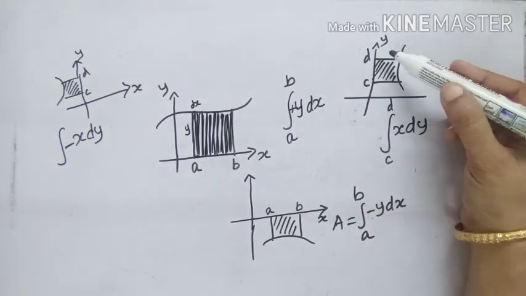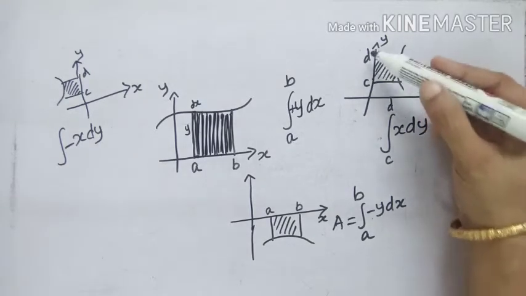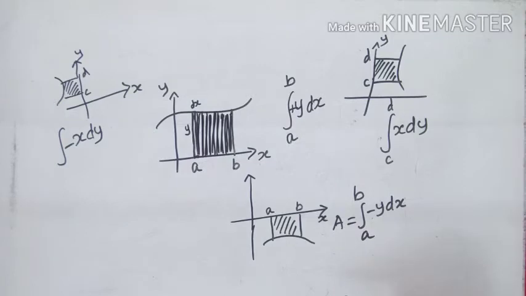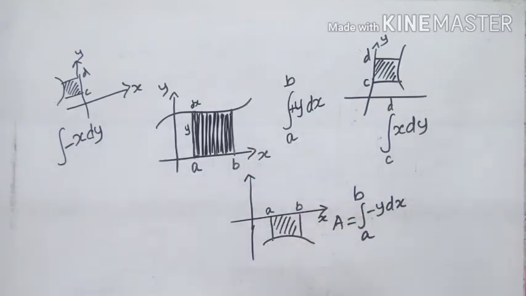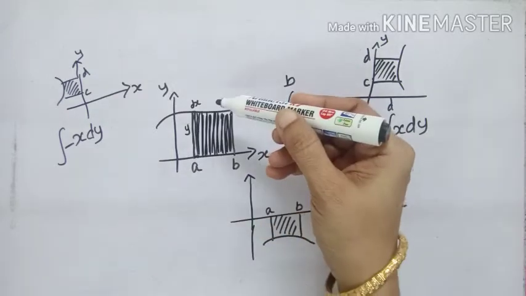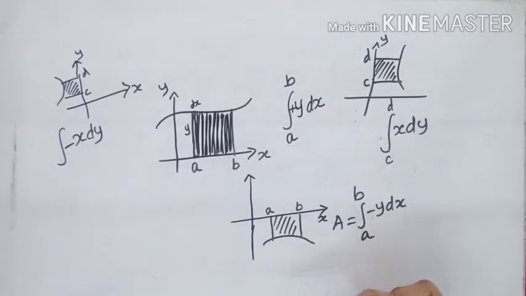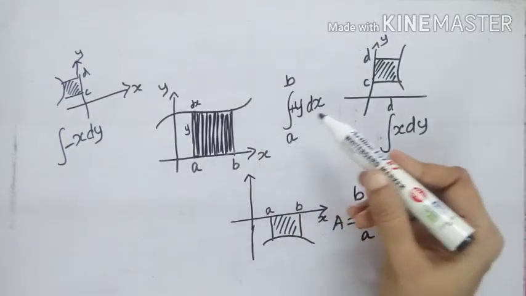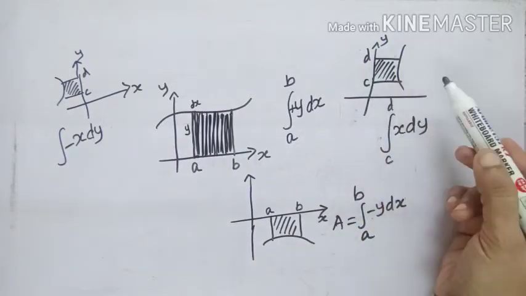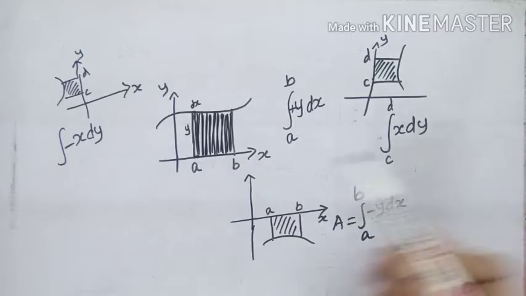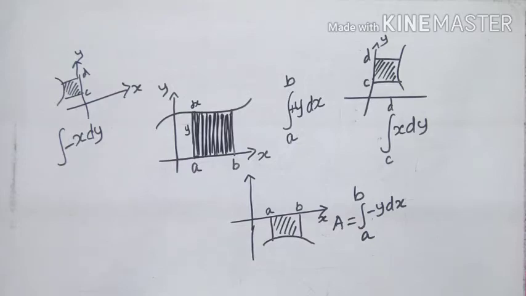If it is the y-axis, I must know the two limits for y. Also draw the curve and check whether it is above or below the x-axis. Above, plus y dx; below, minus y dx. To the right of the y-axis, plus x dy; to the left, minus x dy. So let us proceed with the exercise problems.